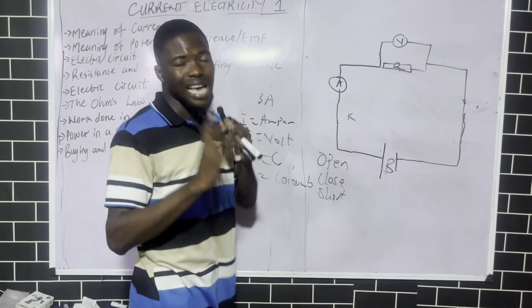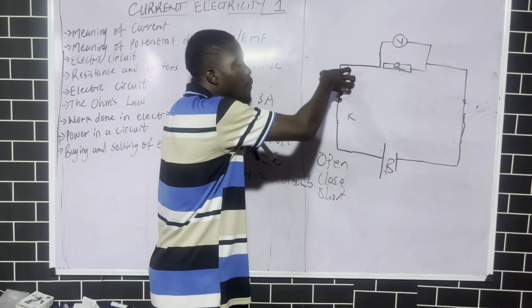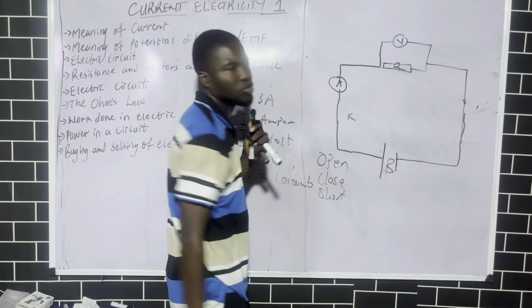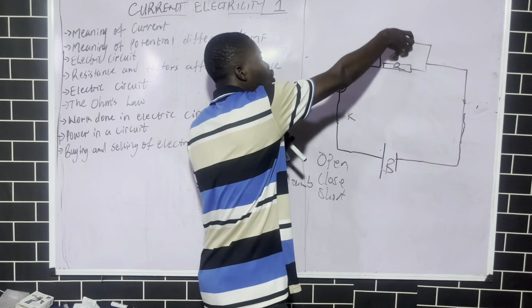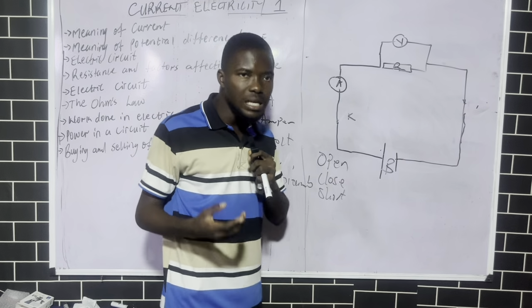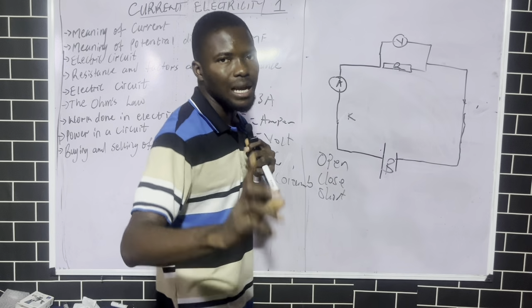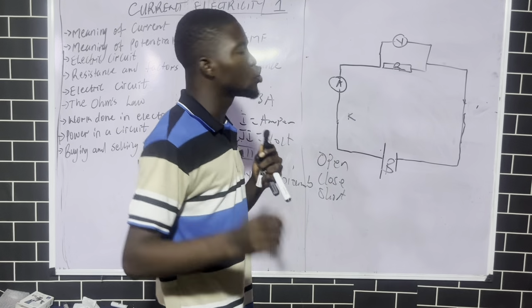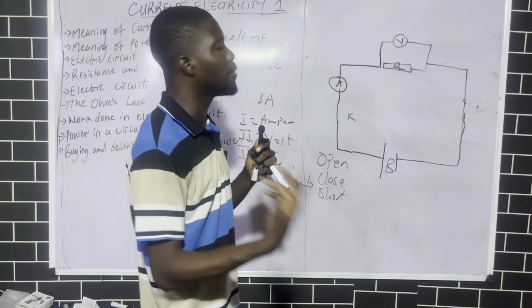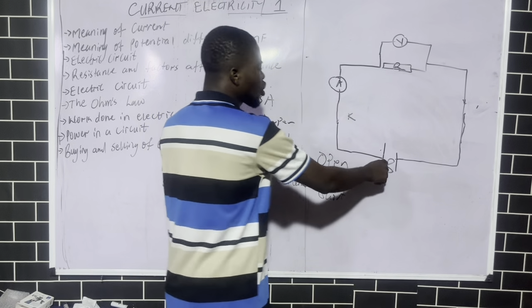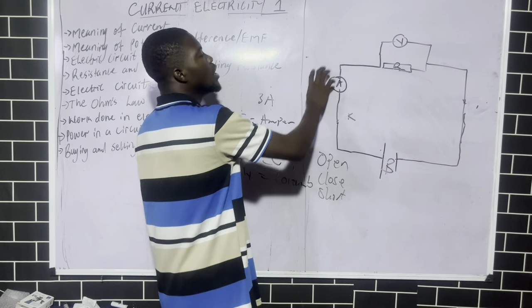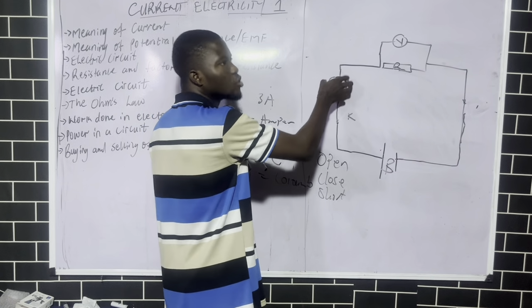So in a circuit, your ammeter must be connected in series to your battery, but your voltmeter must be connected in parallel to it. What we usually use to know series and parallel is our current. If the 10 ampere moves and reaches this, the whole of the 10 ampere will pass through it, so it is in series.